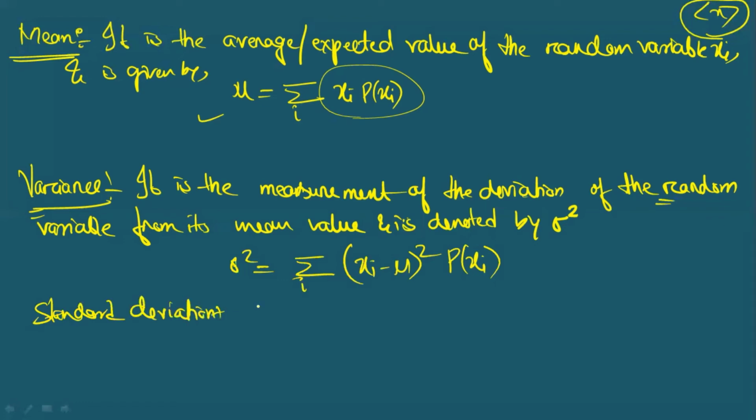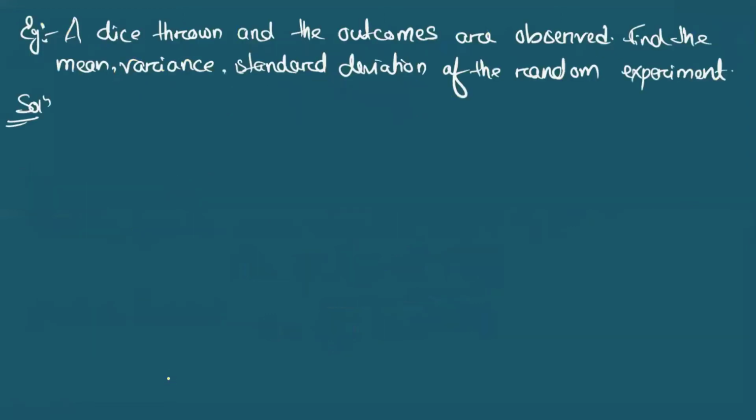Standard deviation is nothing but the root of this entire variance. So you can write sigma equals root over summation i of (xi minus mu) square times probability of xi. Clear? So this is the formula for standard deviation. So this is how we can calculate the mean, variance, and standard deviation.